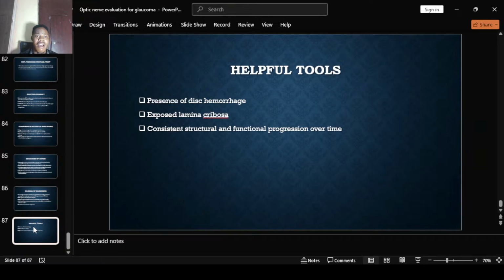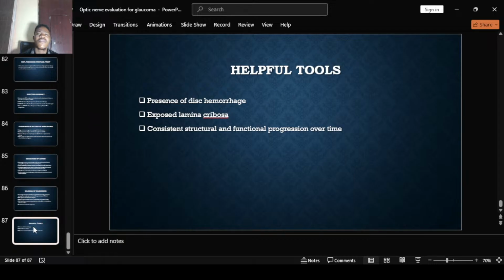And this will be the final slide. There are three helpful tools we will look at quickly. The presence of disc hemorrhage. Remember in part 1 of this video, we said that when we see a disc hemorrhage, usually seen in the inferior-temporal part of the disc, it is highly indicative of glaucoma.